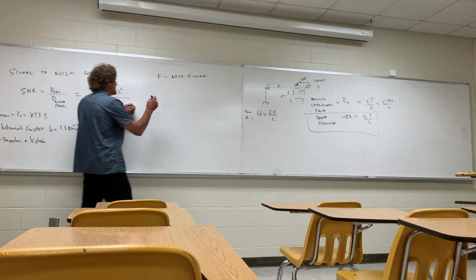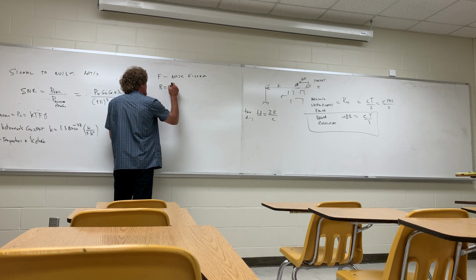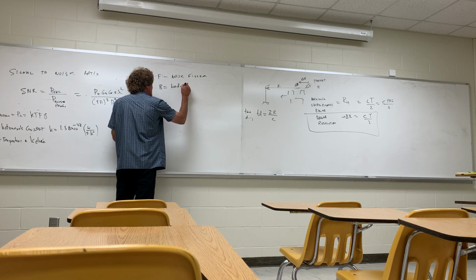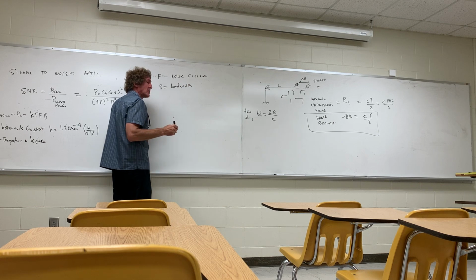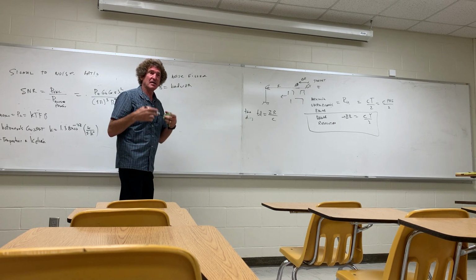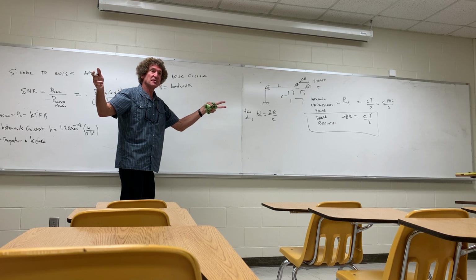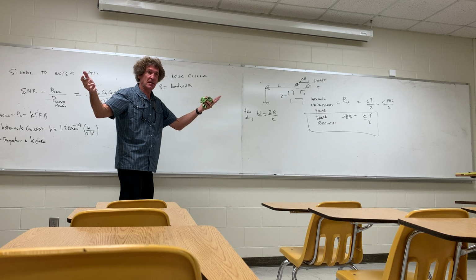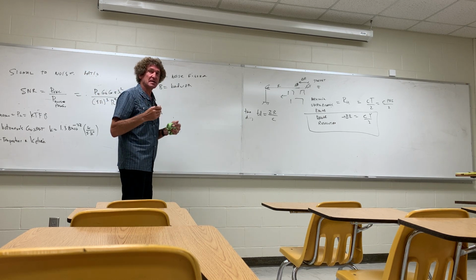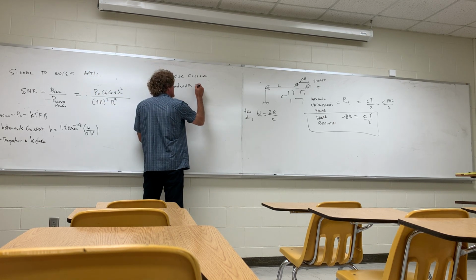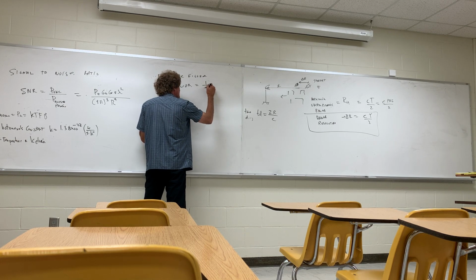Finally, B is the bandwidth. Bandwidth is something you're familiar with. It's really the frequency range over which the signal is transmitted or operates. When you have a pulse signal like this, bandwidth is equal to 1 over the on-time tau.